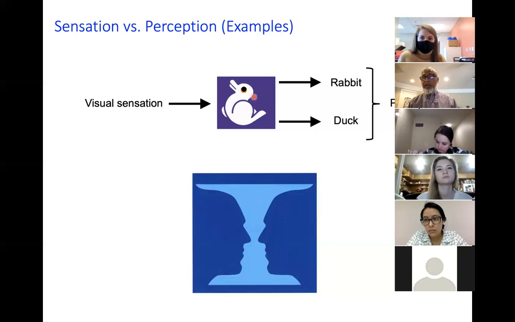Exactly the same. It will go to several relay stations, the optic chiasm, the lateral geniculate, and it will go all the way to the occipital lobe in the back of the brain. That is also the same. So the sensation from the beginning of the visual stimulus all the way to the occipital lobe is the same. That whole process we call a process of sensation.